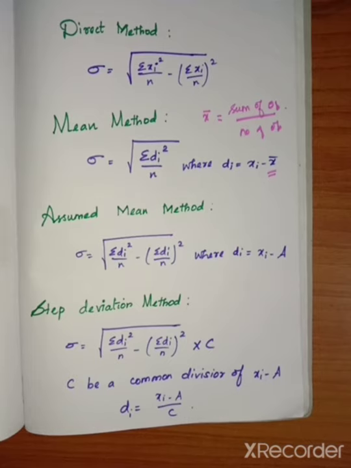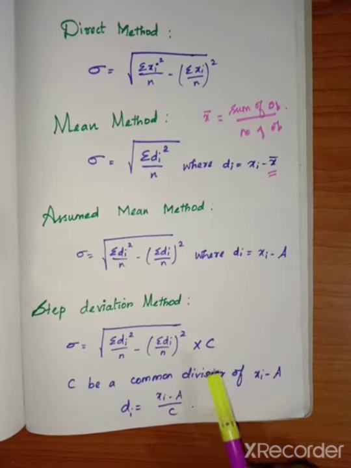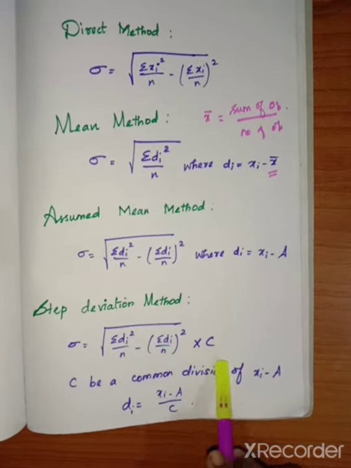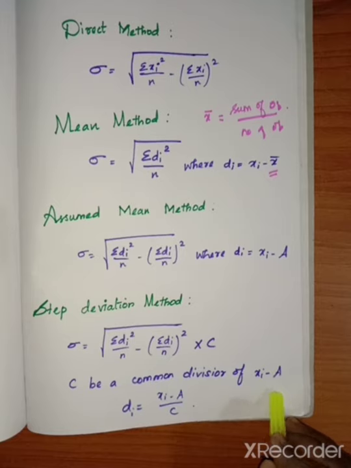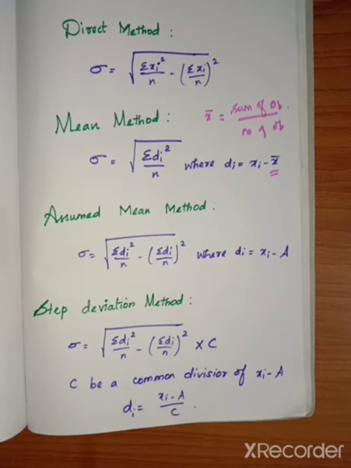Sigma equal to root of summation di squared by n minus summation di by n the whole squared into c. Here c is the common divisor of xi minus a, and a is the assumed mean. So the di formula is xi minus a divided by c. From this method we can find the standard deviation.